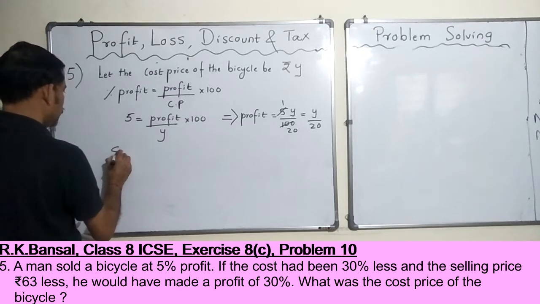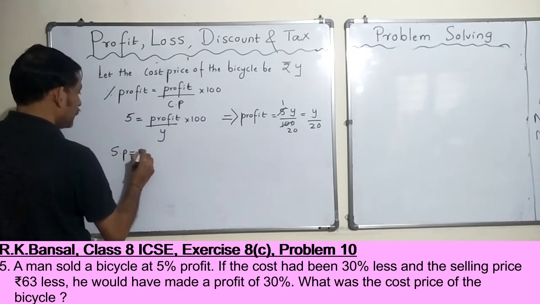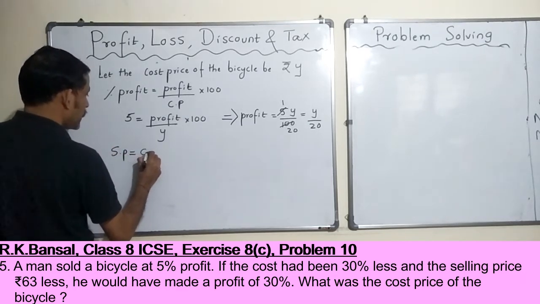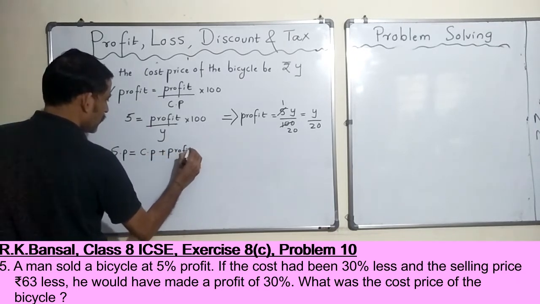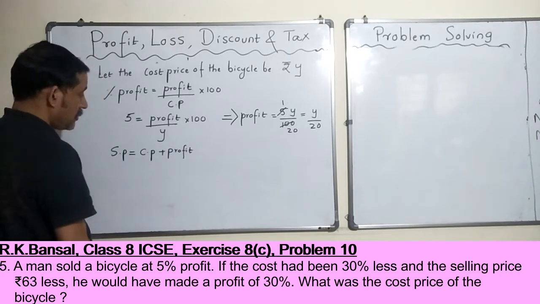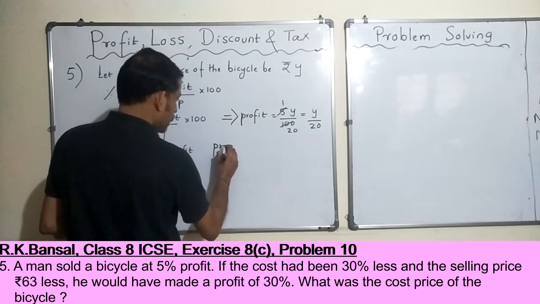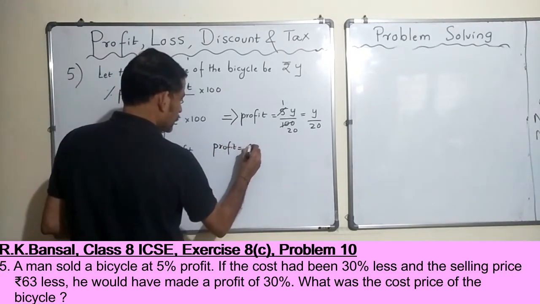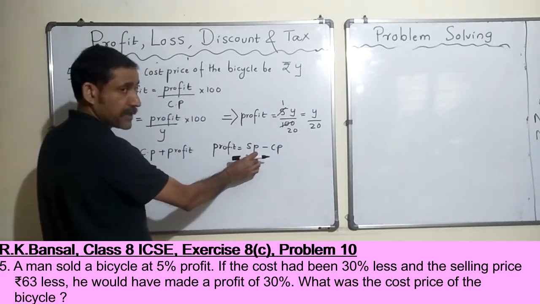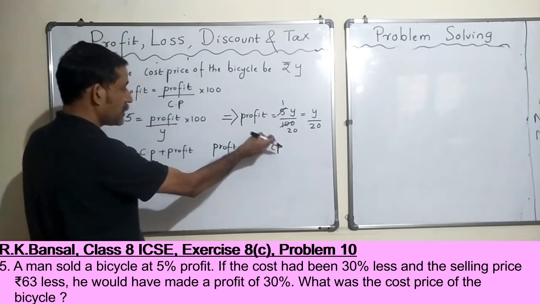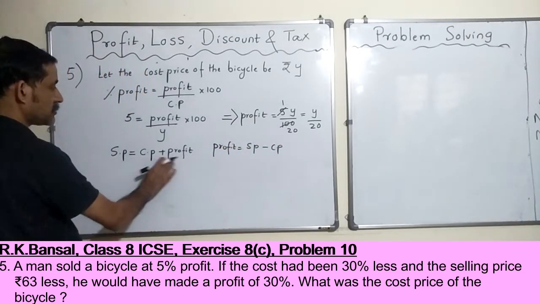Selling price is cost price plus profit. Correct? Profit is nothing but selling price minus cost price, and we have made a profit, so definitely selling price is more in this case. So I bring this here: selling price becomes cost price plus profit.